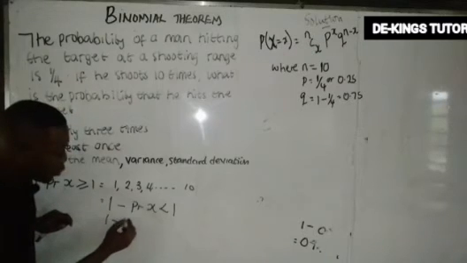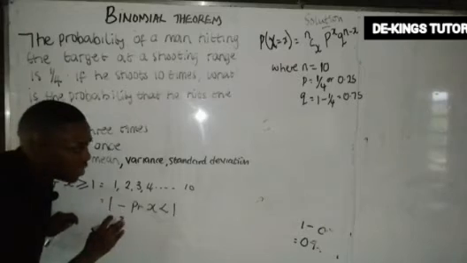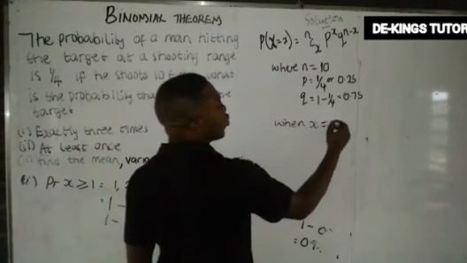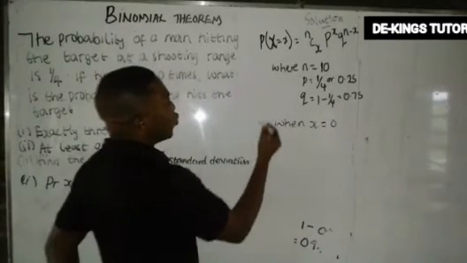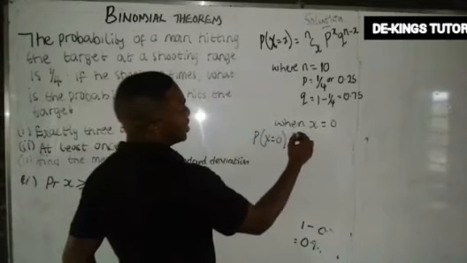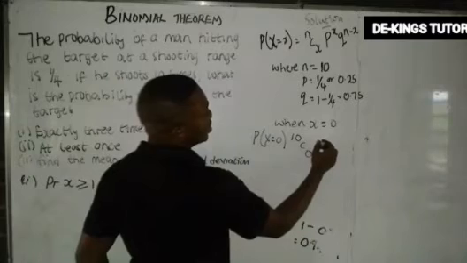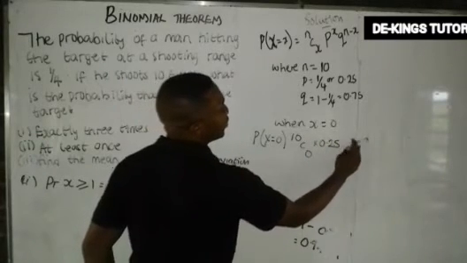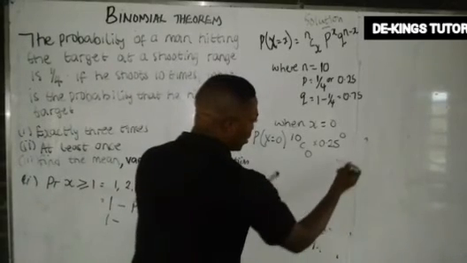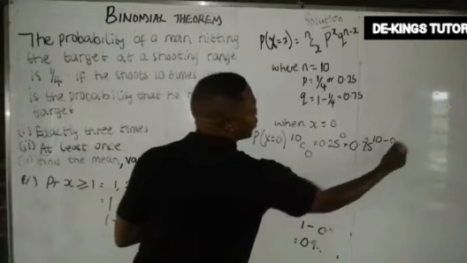So you will just calculate for when x is 0 and subtract that value from 1. So this is 1 minus the probability of x equals 0. So we'll solve when x equals 0. We substitute the probability of x equals 0. Then n is 10 combination 0, our p is times 0.25 raised to power 0, times our q is 0.75 raised to power 10 minus 0.